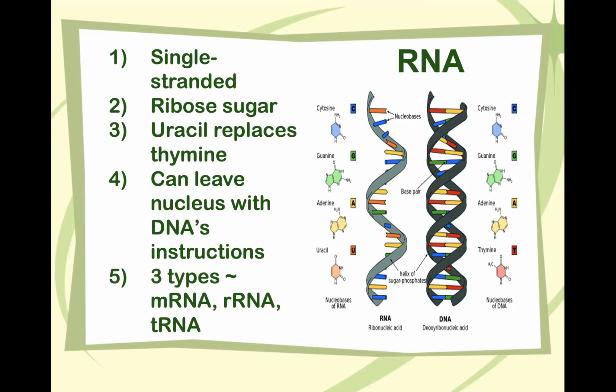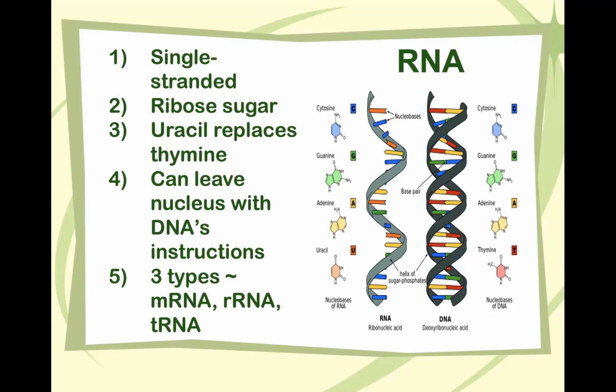We did talk about the 3 types of RNA already. We have our messenger RNA, ribosomal RNA, and transfer RNA. In your notes, you should have that these 3 RNAs all have 3 different functions, right? So our mRNA is going to serve as the template, or the message, for generating our protein, our polypeptide chain.